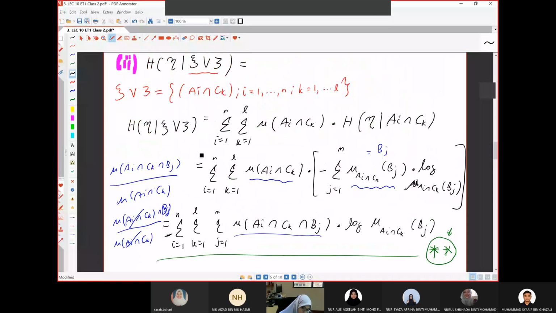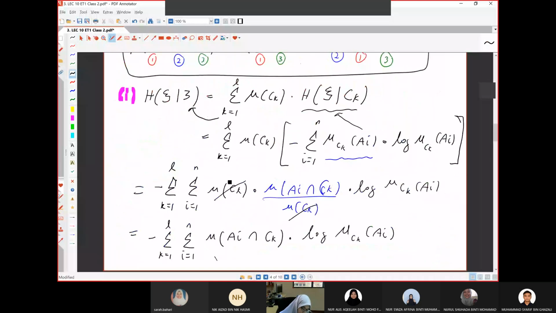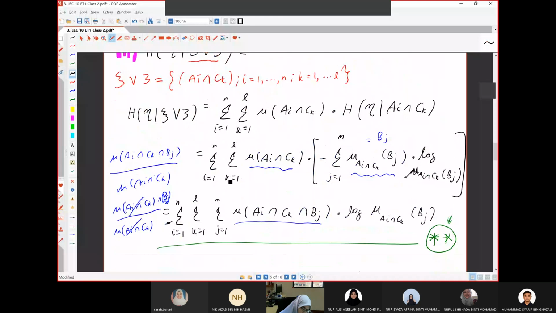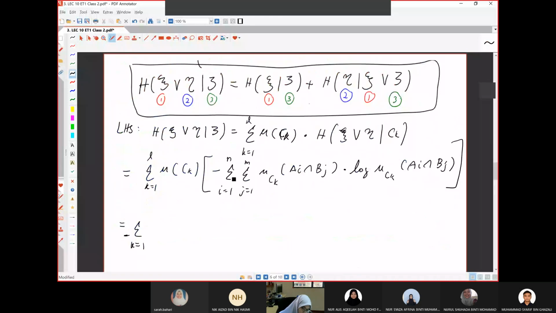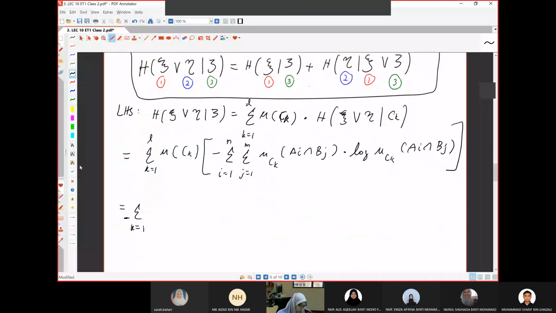For part 1, yes. Okay, sorry. Right. So we have to be careful with the minus. So we got minus here. I have L, I have the sum. Okay, we continue until N and then the third sum of J from 1 until M.